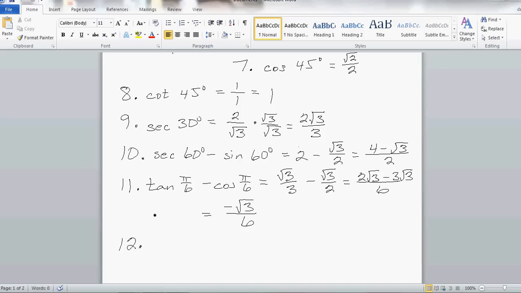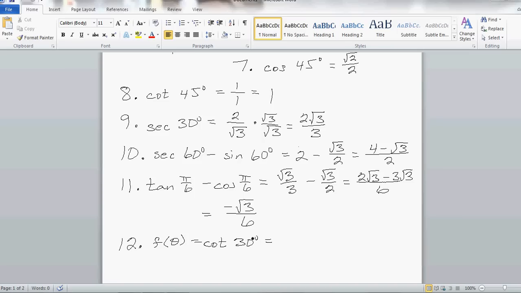Example 12 and 13. We are given a particular function. We are told theta equals 30 degrees, and we need to find a particular thing. Number 12, we ask what is f of theta? Well, f of theta simply is cotangent of theta, or in this case cotangent of 30 degrees. Once again, we need to find tangent first, then we will take the reciprocal of it.